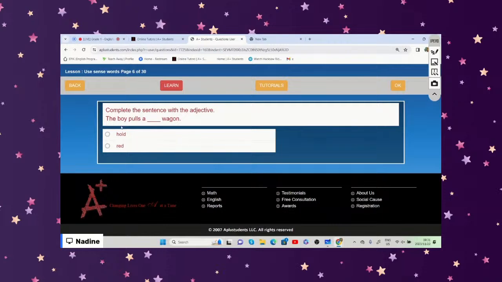So we will say the boy pulls a red wagon because now we're describing it based on the color, right? It's like somebody said early on, someone likes pink. So in this case, we are pulling a red wagon.